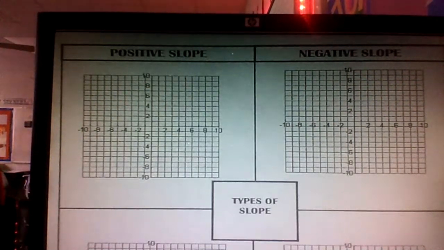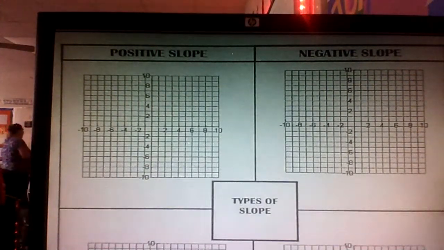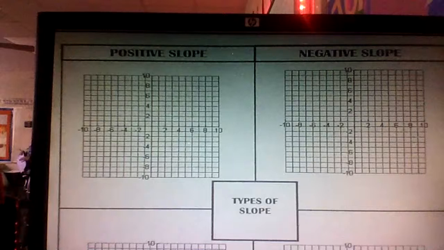Okay, there are 4 different types of slope that you can see. The first one is going to be a positive slope. So, give me an example of a positive slope. Okay, a line that goes up to the right would be a positive slope.